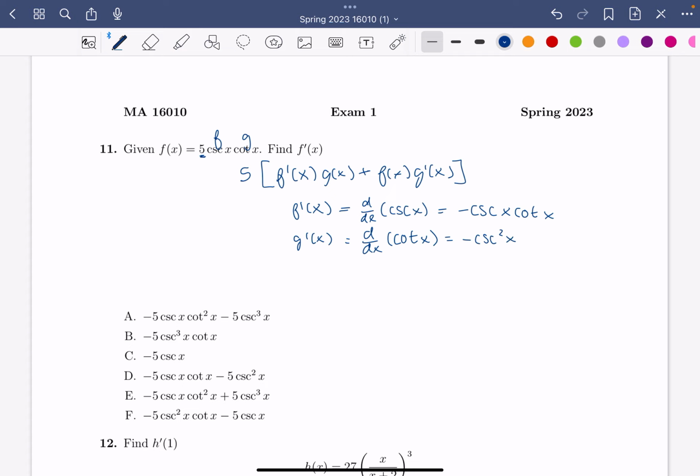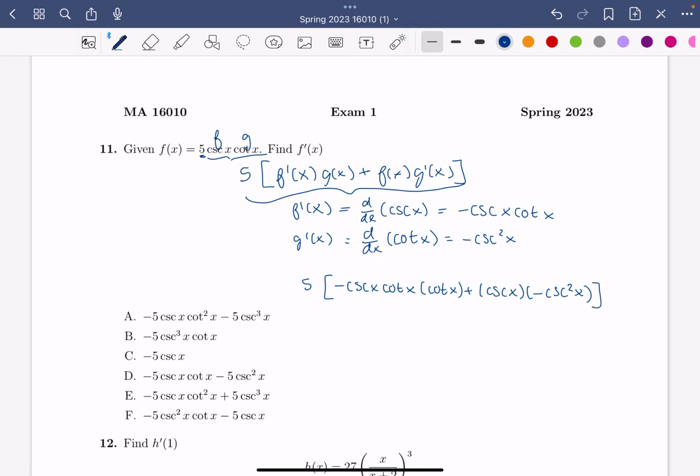Now we can plug everything back into this original equation, and we have 5 times negative cosecant x cotangent x times g, which is cotangent, times cotangent x, plus f of x, which is cosecant, so cosecant x times g prime, which is negative cosecant squared x.